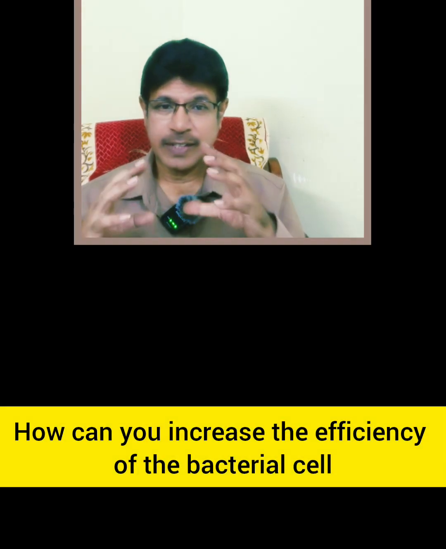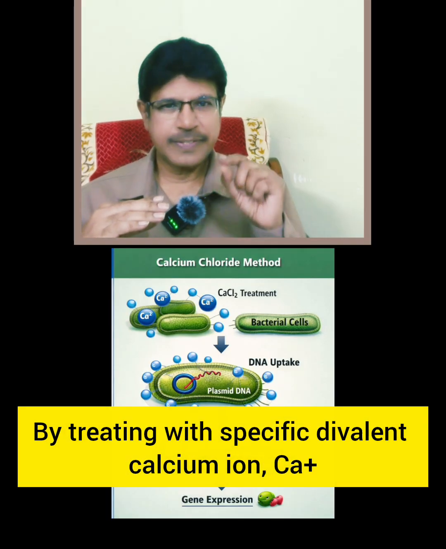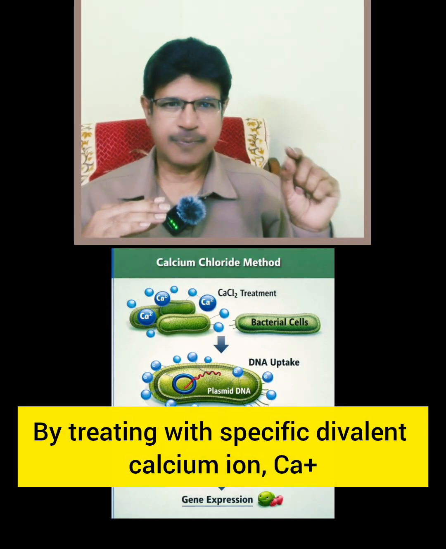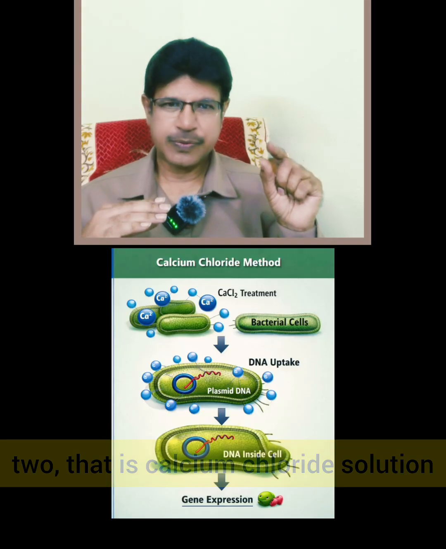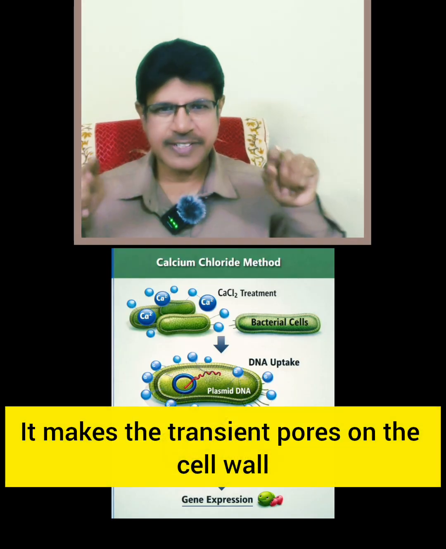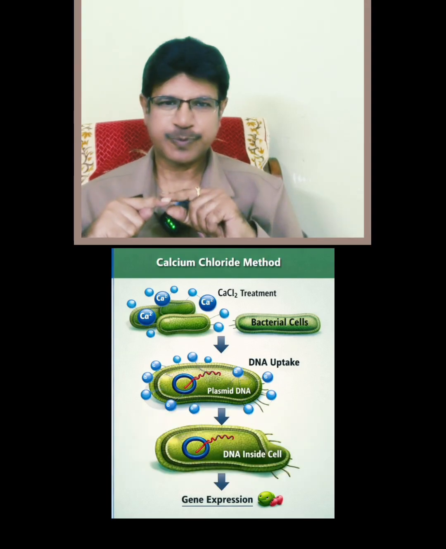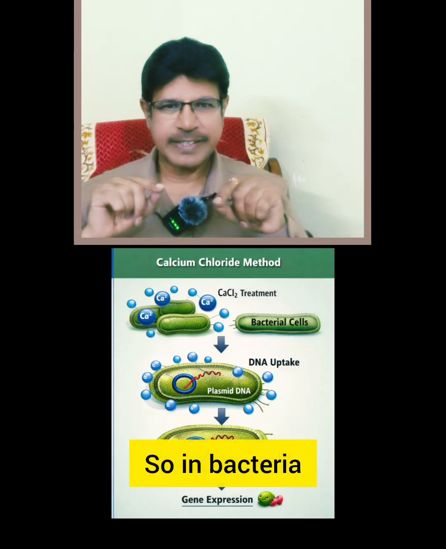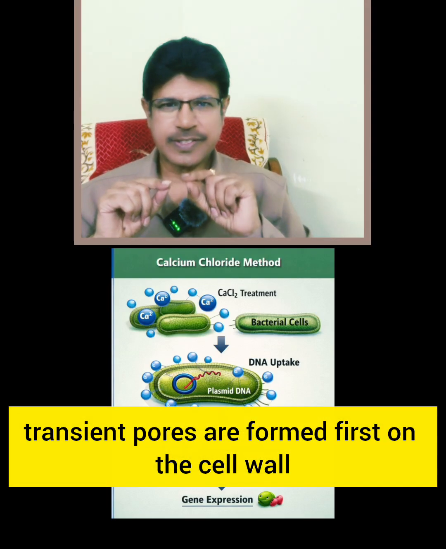How can you increase the efficiency of the bacterial cell? By treating with specific divalent calcium ion, Ca2+, that is calcium chloride solution. It makes transient pores in the cell wall.